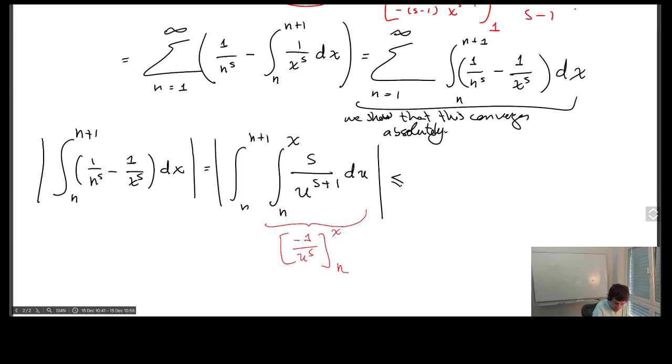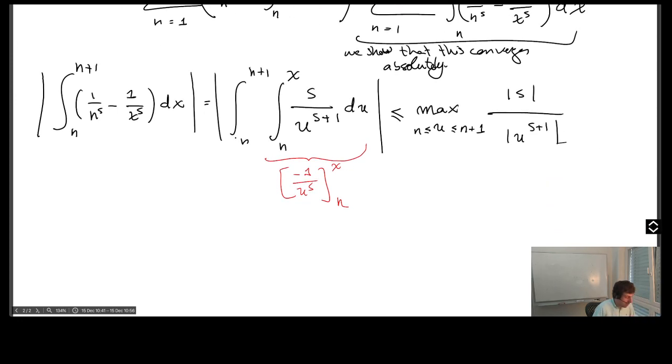So then this is smaller or equal than, for each one of these terms, the maximum over all u between n and n plus 1 of the absolute value of s over the absolute value of u to the s plus 1.